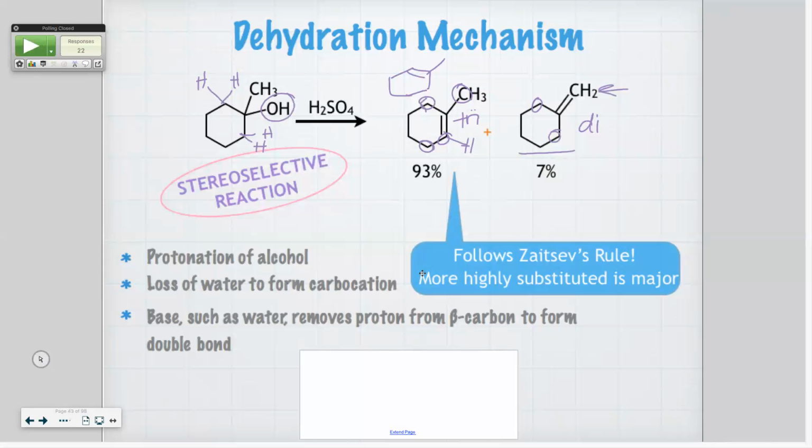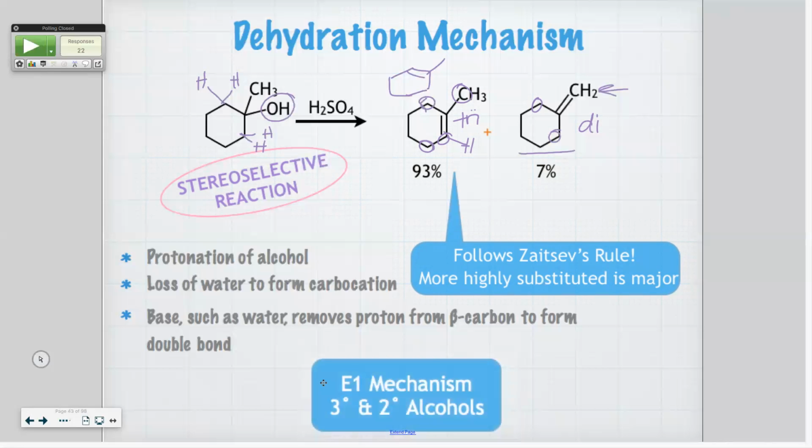Acids like to donate protons, so that's the fastest thing that will happen first. Then we're going to lose water to form a carbocation. And then a base will remove a proton from the beta carbon to form the double bond. This is an E1 mechanism, and it works on primary and secondary alcohols.